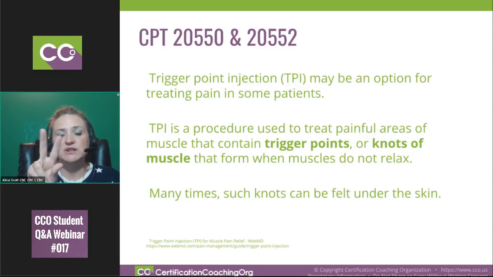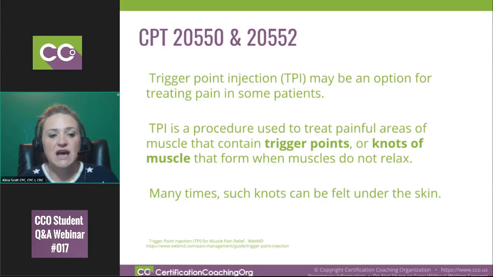They're looking for a knot. They find the knot, they wiggle it around, and that muscle has literally contracted and spasmed into a knot. This is also a temporary relief treatment.